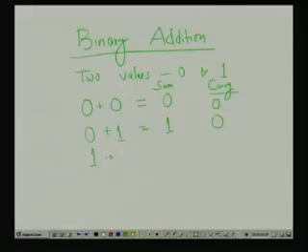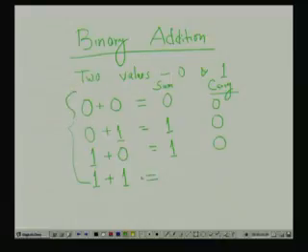And 1 plus 0 is the same because it is addition, so the sum is 1 and the carry is 0. Now, if it is 1 and 1, because there are only 2 digits in the binary system, these are the 4 different additions possible. So, 1 plus 1 gives sum 0 and carry 1.